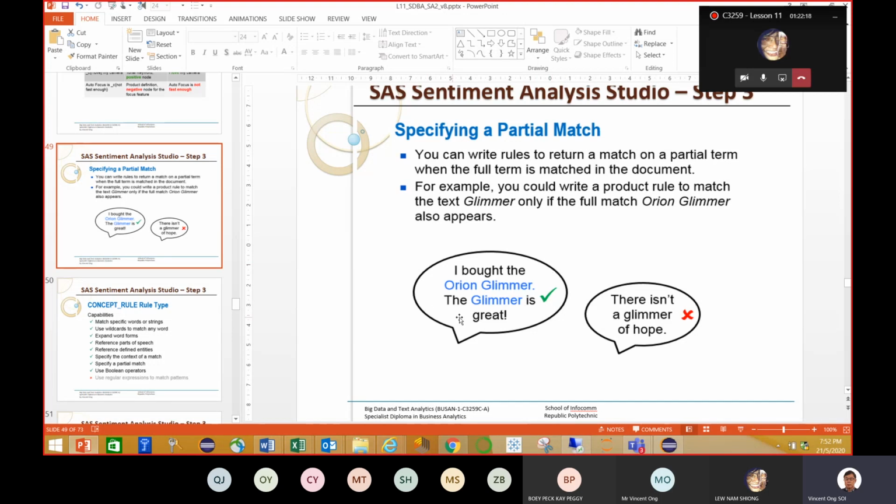For example, Orion Glimmer already appears somewhere, so the software already knows that when you talk about Glimmer, you're actually referring to this one, because it already appeared earlier. So when we talk about Glimmer, actually it's talking about Orion. But this one here is rejected because there's no prior reference. So you could write a product rule to match Glimmer only if the full match also appears somewhere.